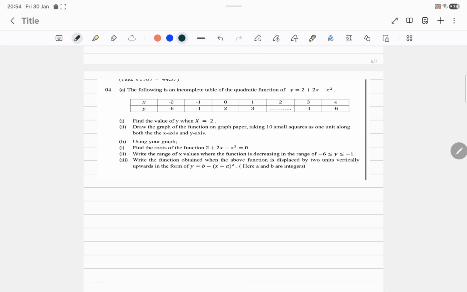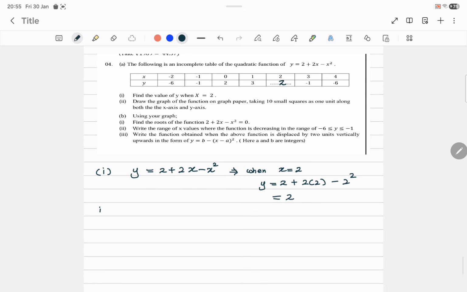Just substitute x equals 2 into the given quadratic function. When x equals 2, y equals 2 plus 2 into 2 minus 2 squared. So 2 plus 4 is 6, 6 minus 4 is 2. So this is 2. Part 1 is done.